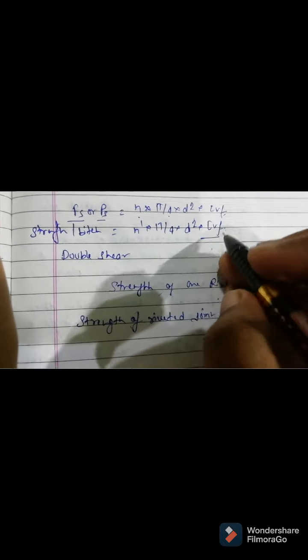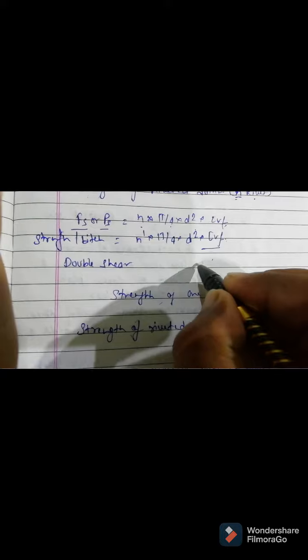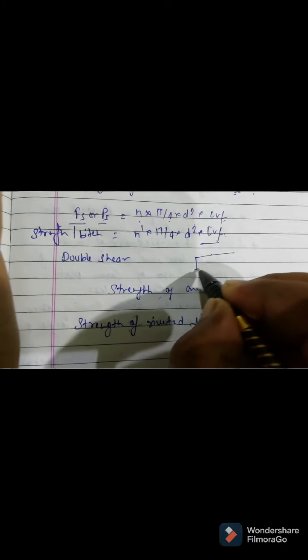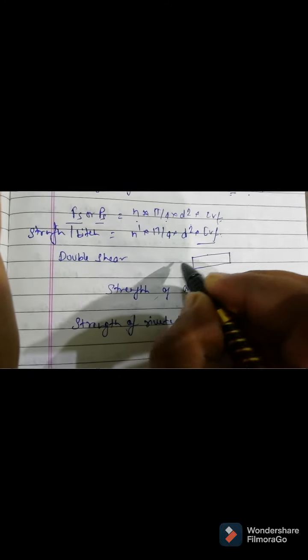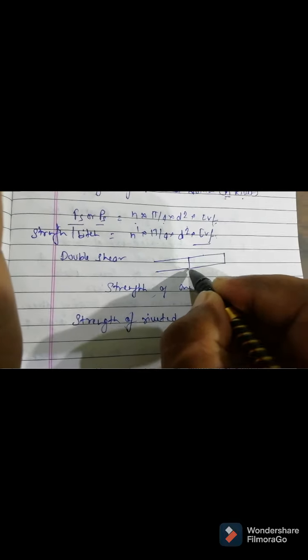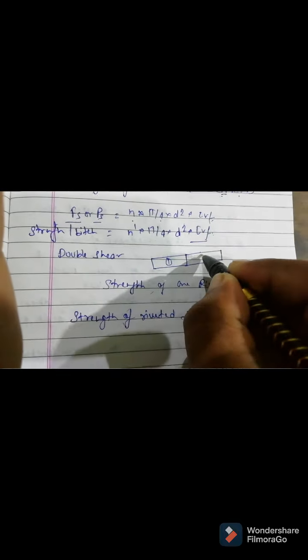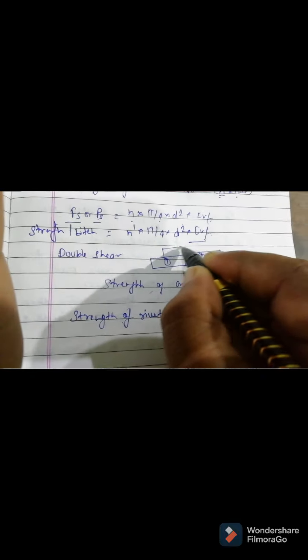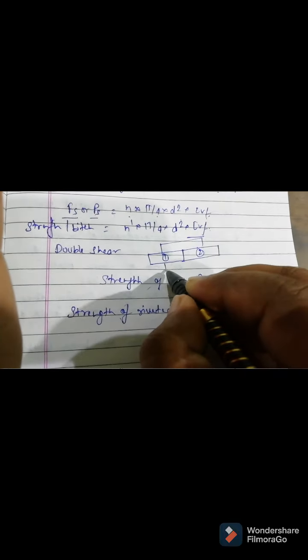Let's discuss where double shear develops. Remember the butt joint. See, this is a member, and these are the two members. Now we connect them using cover plates.